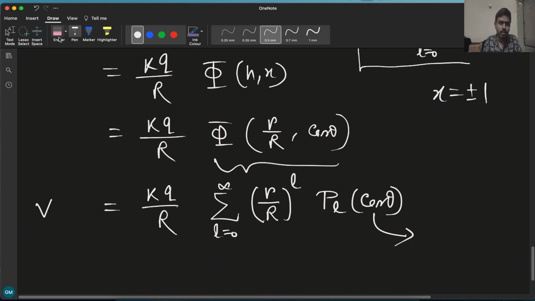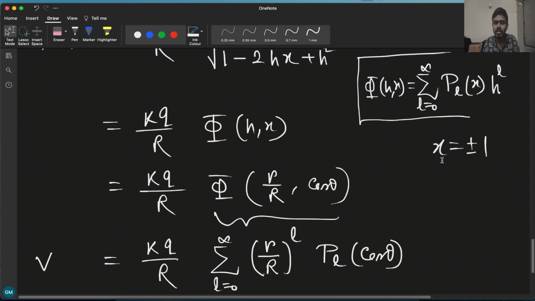So in realistic problems, we must accept those solutions for which at x equals plus minus 1 the series will be convergent.